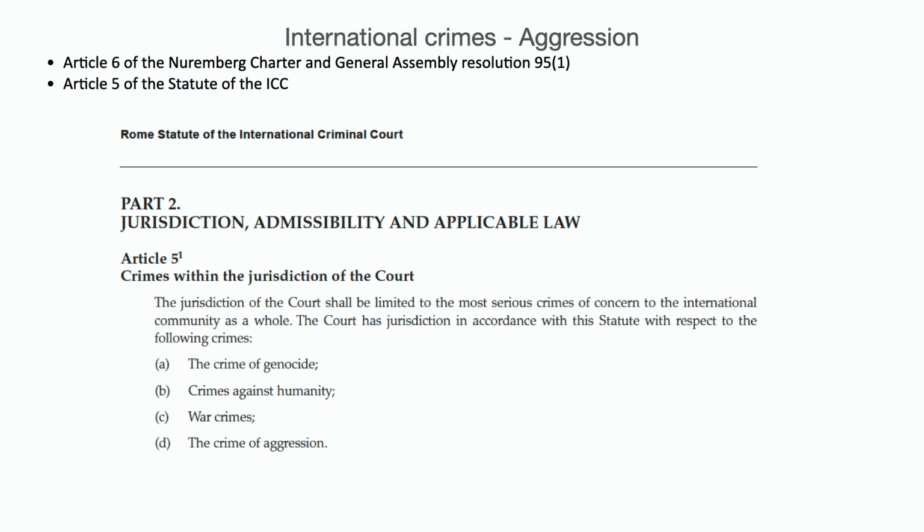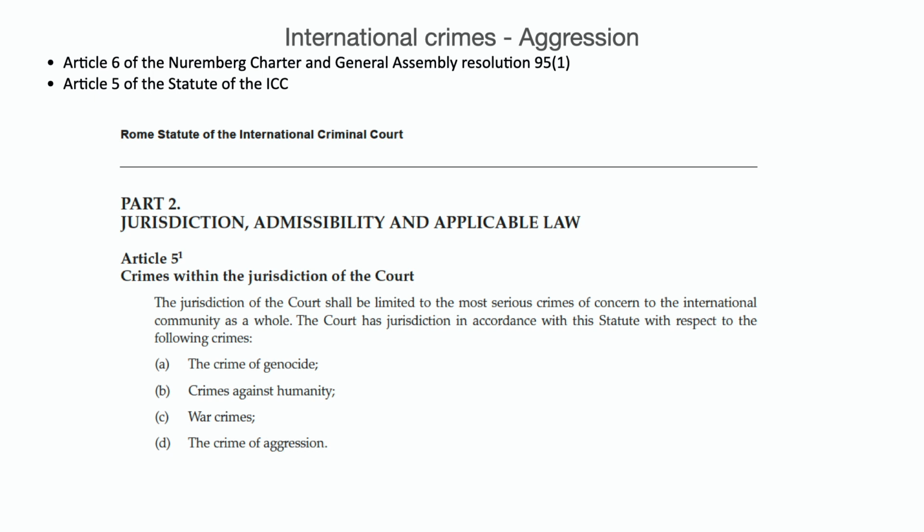Any of the following acts qualify as an act of aggression: the invasion or attack by the armed forces of a state of the territory of another state, or any military occupation, however temporary, resulting from such invasion or attack, or any annexation by the use of force of the territory of another state or part thereof. Bombardment by the armed forces of a state against the territory of another state, or the use of any weapons by a state against the territory of another state.